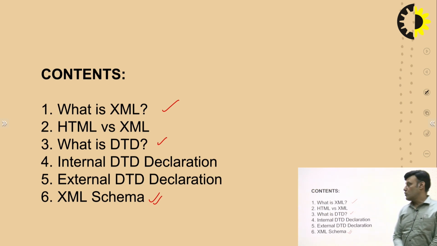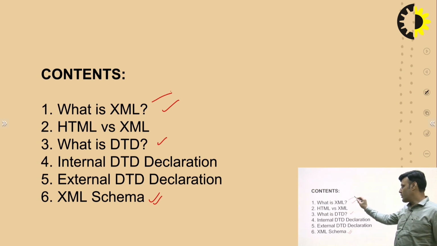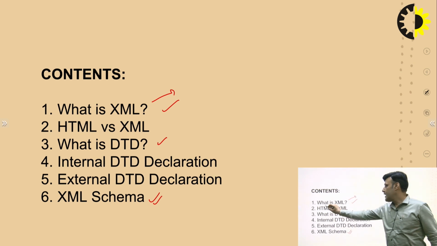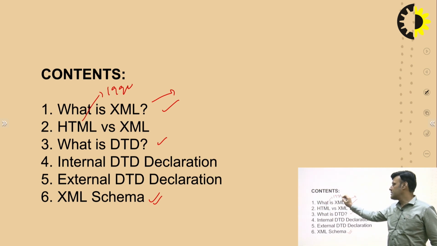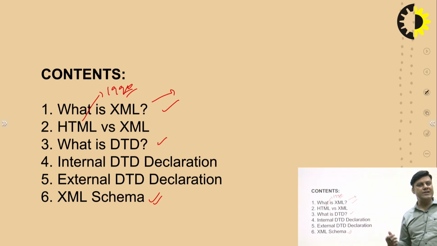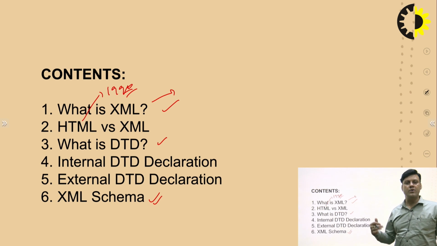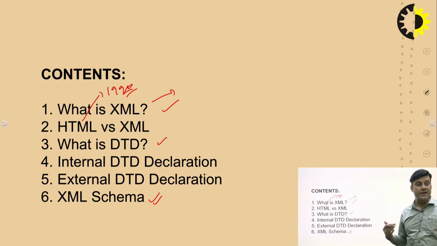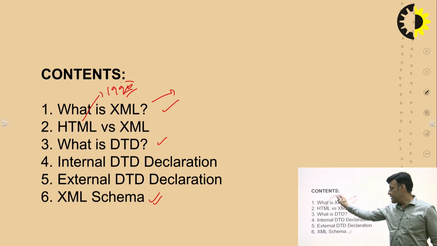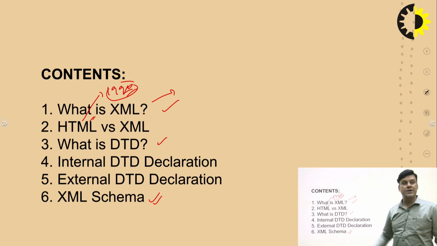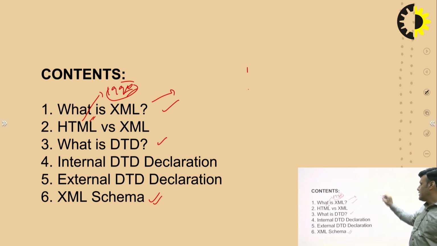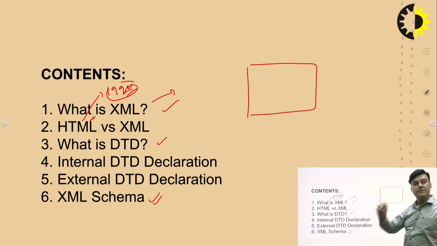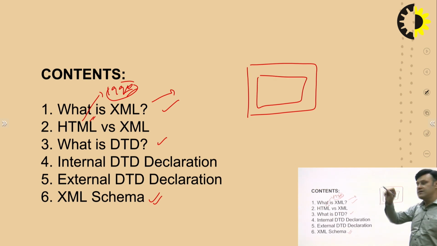Okay, so as I have told you, HTML came when the trend was changing, when the internet was coming up a lot and we were talking a lot about the WWW, that is World Wide Web. Whenever we open a web browser, we see a beautiful page opening, right?